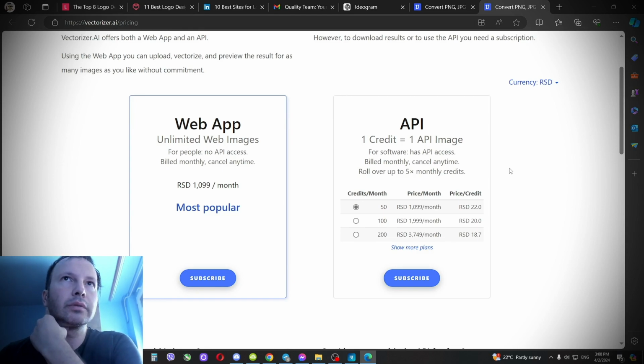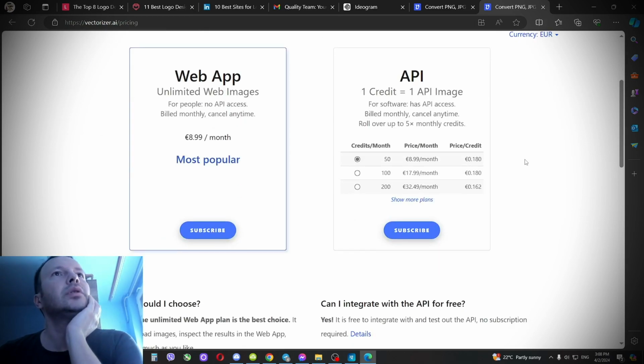So yeah, you can check the price in euros. You have credits. I also don't like that it's not unlimited. So you have a kind of credit, and if you pay like $30, it's 200 credits.